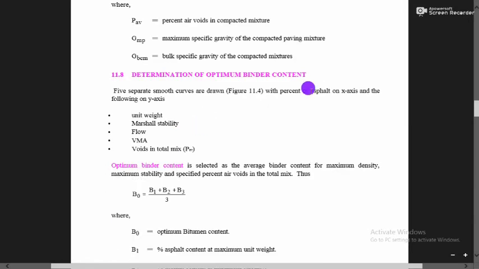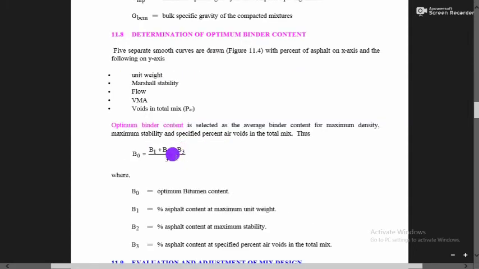Determination of the optimum binder content. Draw five separate smooth curves in figure 11.4, with the percent of asphalt on the x-axis and the following on the y-axis: unit weight, Marshall stability, flow, VMA, and air voids in the total mix.